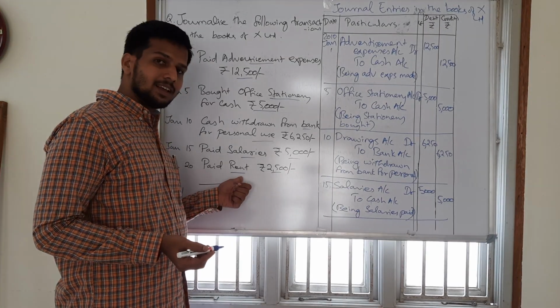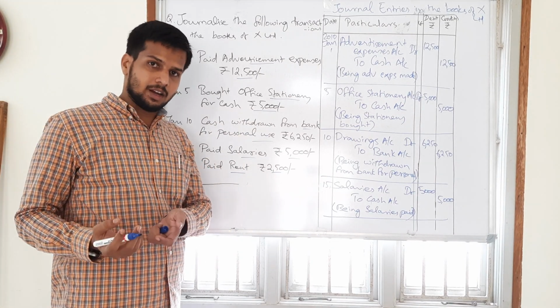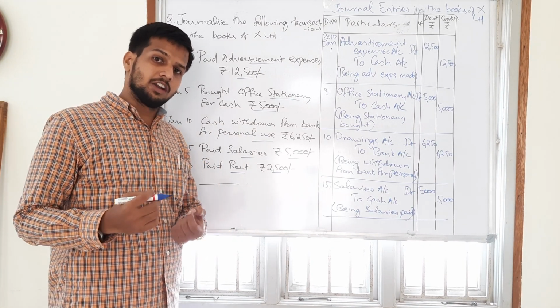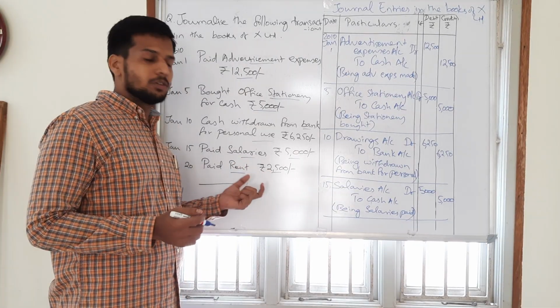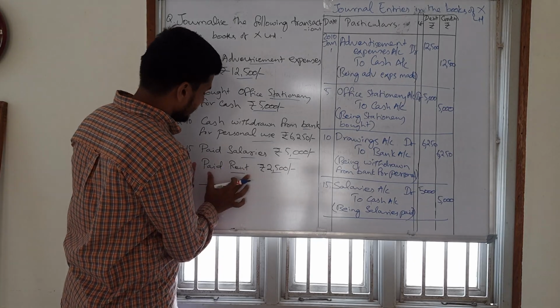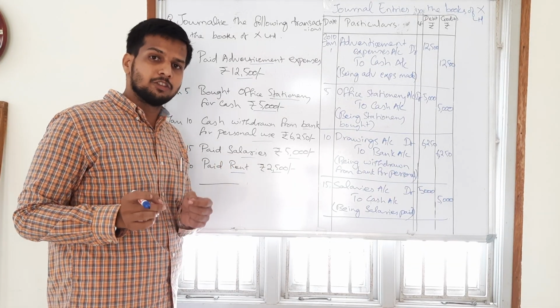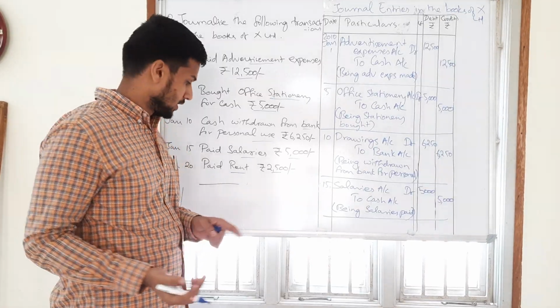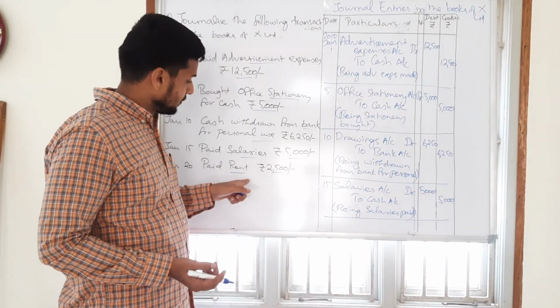So rent is an expense for the business. They are paying the rent; if they had received the rent, it would be income. But if the term is just paid rent, it should be assumed that the expense is made. So paid rent is an expense, and all expenses and losses should be debited.